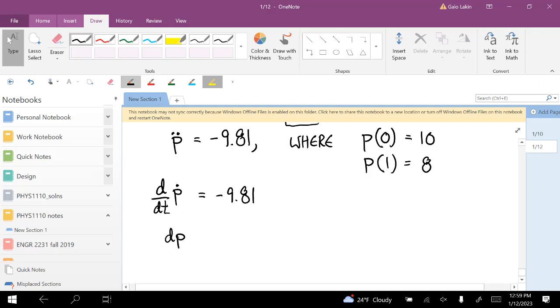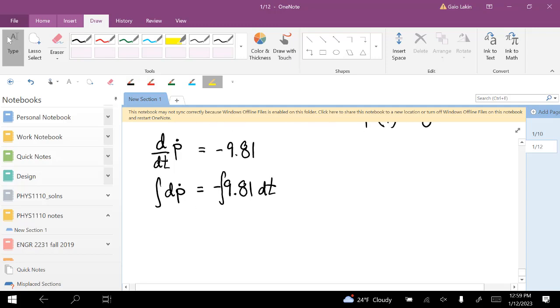So we have d P dot is equal to negative 9.81 dt. And we can integrate both sides. So we get P dot is equal to negative 9.81 t plus C1.